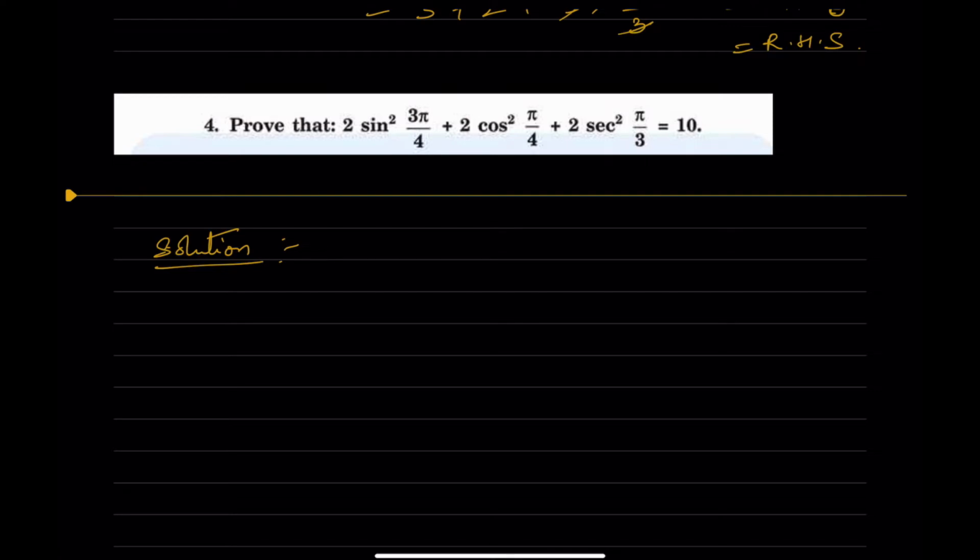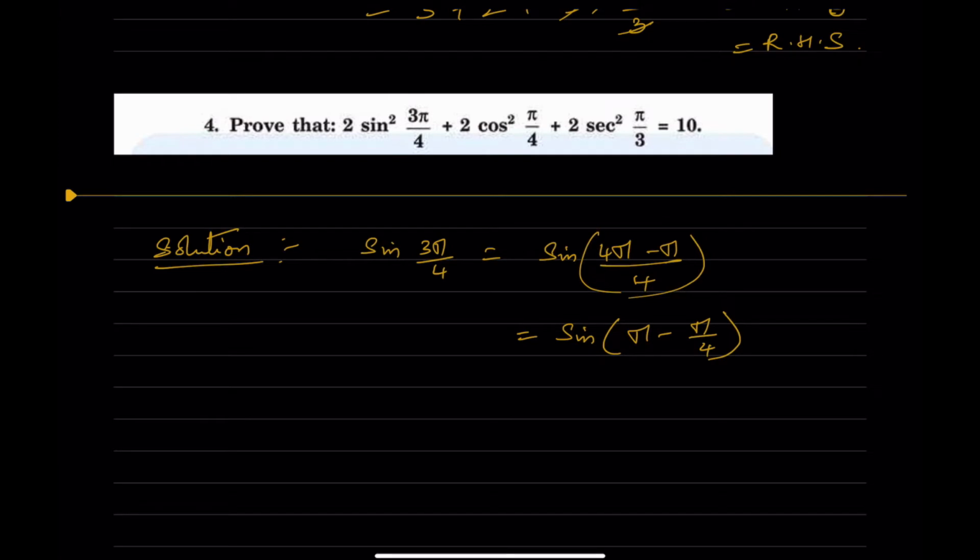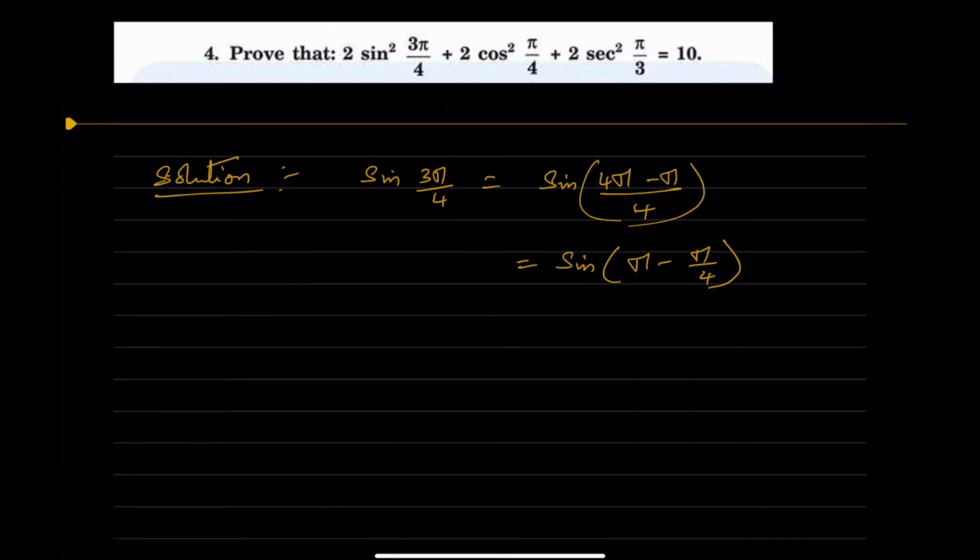We'll see. So starting off with sin 3 pi by 4, which is equal to sine of pi minus pi by 4, which is equal to sine of 180 minus 45, that is pi by 4. 180 minus means it becomes, again, you will be getting it as sine pi by 4. It is positive in the second quadrant.